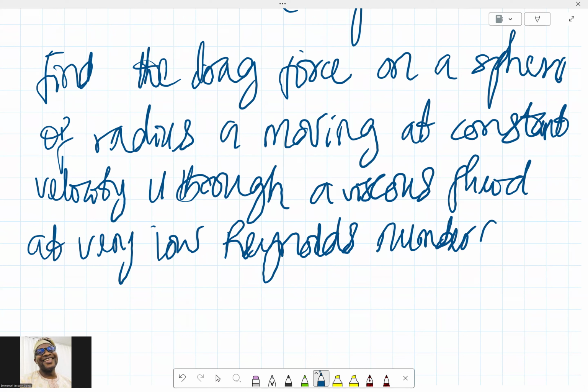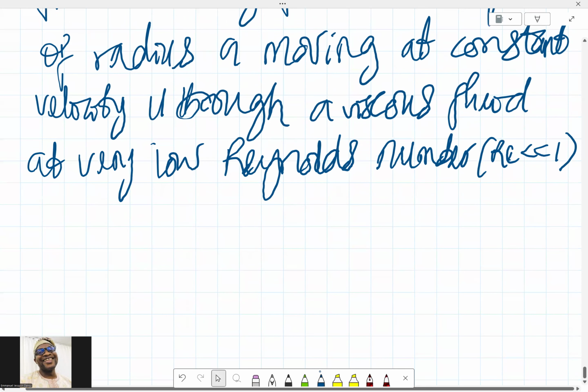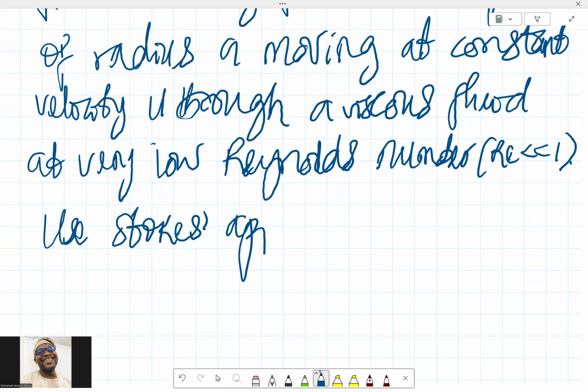Very low Reynolds number is where R is far, far less than 1. So here we are using the Stokes approximation.